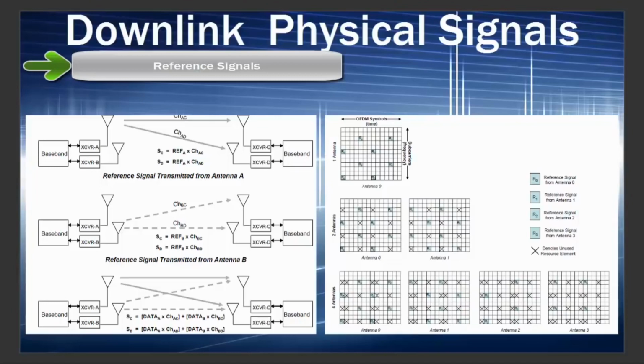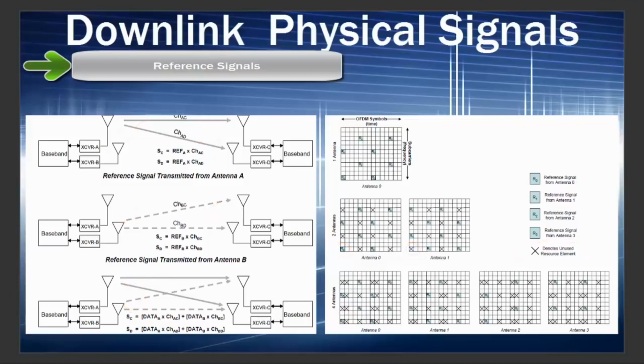In LTE, channel impulse responses are determined by sequentially transmitting known reference signals from each transmitting antenna. We must get an accurate CIR from each transmitting antenna. Therefore, while one transmitting antenna is sending the reference signal, the other antenna is idle. Once the channel impulse responses are known, data can be transmitted from both antennas simultaneously.